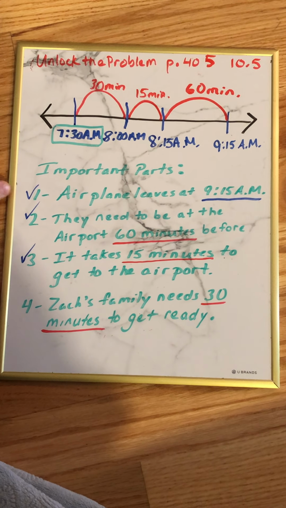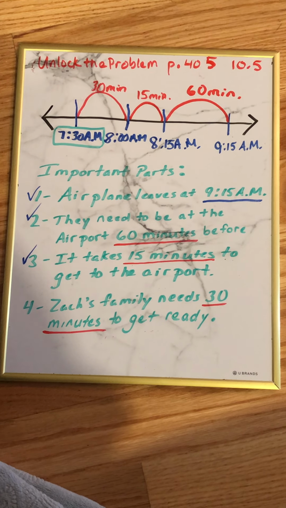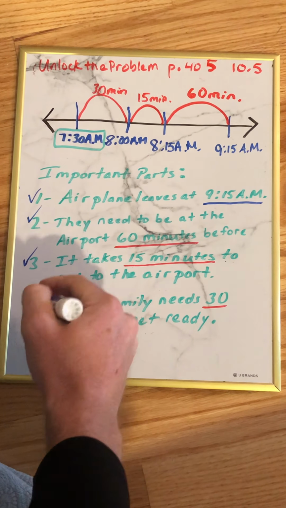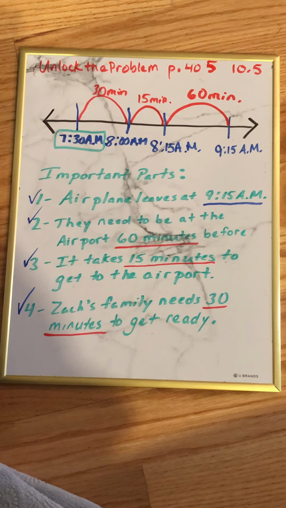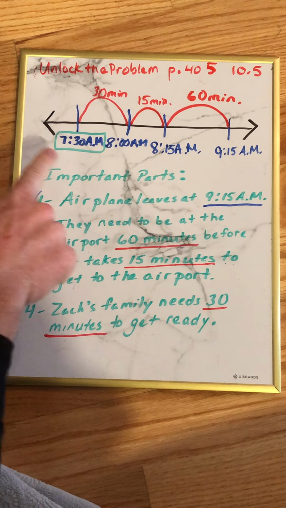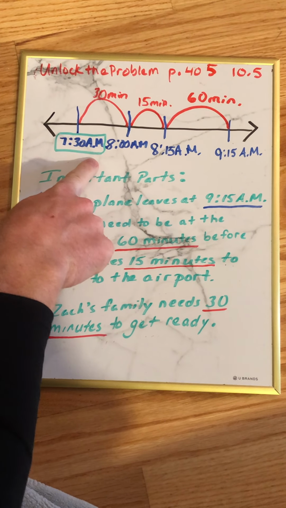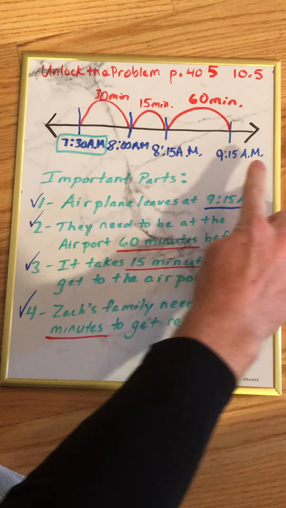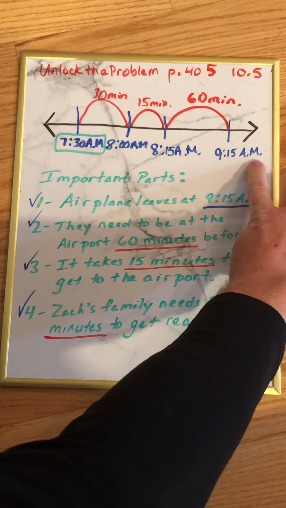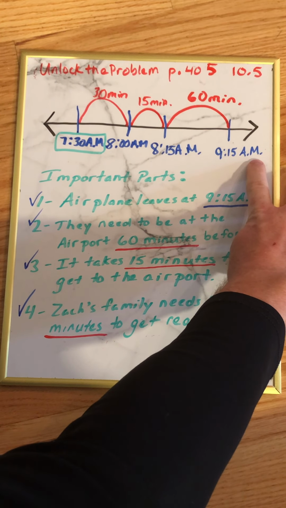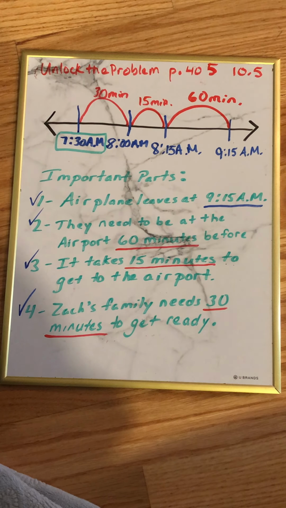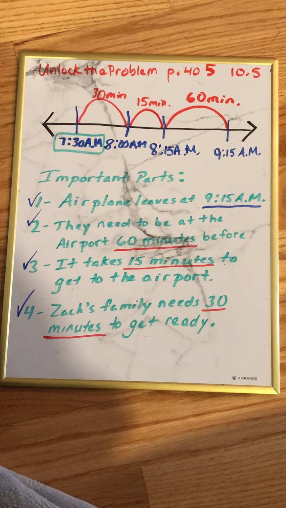So, if we take in all the important parts, we know that Zach's family, check off that last one, should start getting ready at 7:30 a.m. in order to be ready to go for their 9:15 airplane departure.